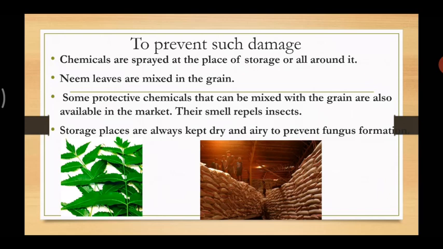That means before packing the sacks, neem leaves are put into the grains. And some protective chemicals are also mixed with the grains, and their smell repels the insects. So when the mice or rats smell those chemicals, they do not come there.